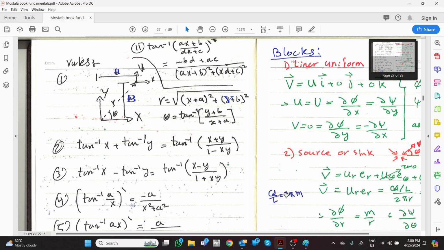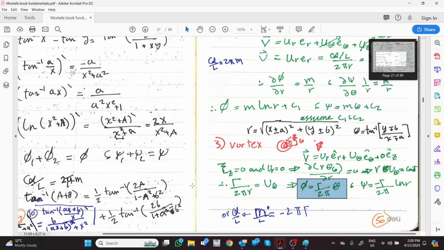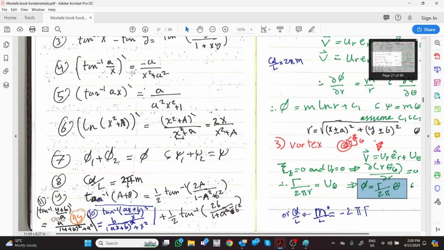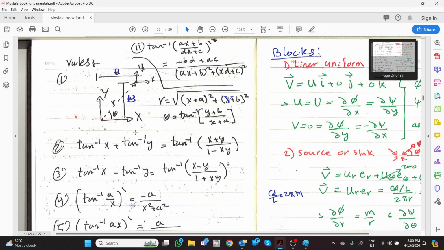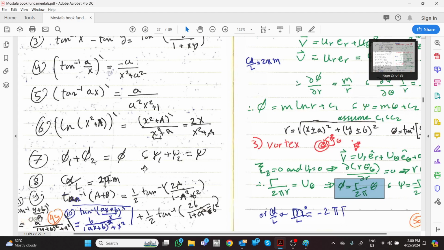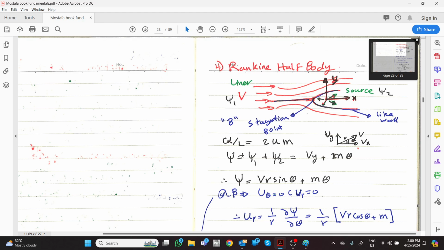This rules is for integration and derivatives. We are going to use it, but this is mathematical. I'm not going to explain it. When we need it, we'll explain it.